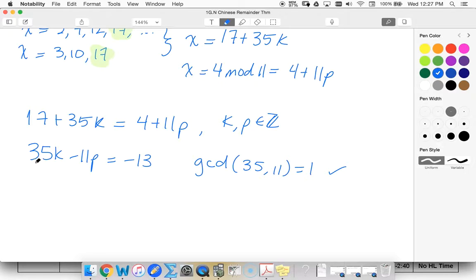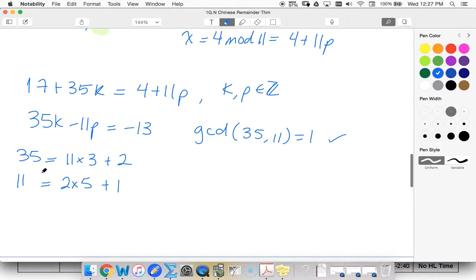I can start looking at solving this to find my GCD. So I know that 35 is 11 times 3 plus 2. 11 is 2 times 5 plus 1. And then here is going to be my remainder. I know that my next line is going to end up giving me a 0 because I would have that 2 is equal to 1 times 2 plus 0.